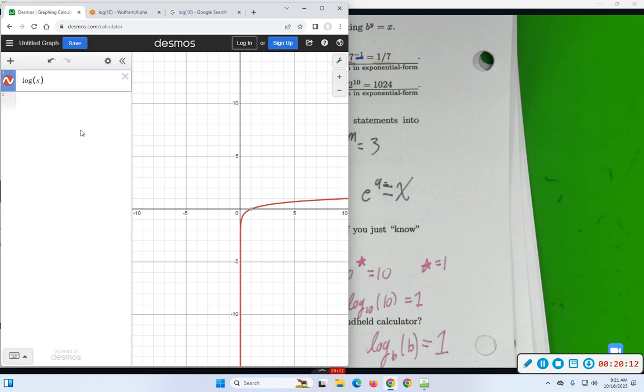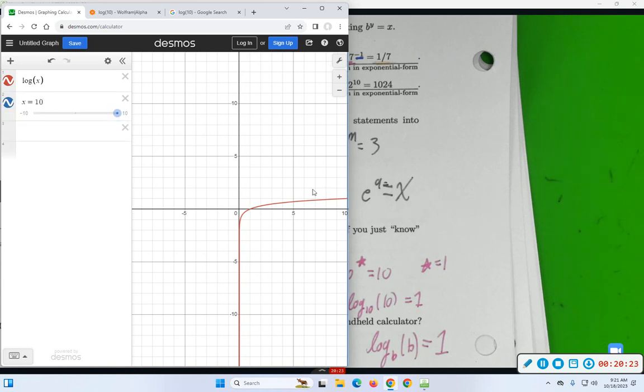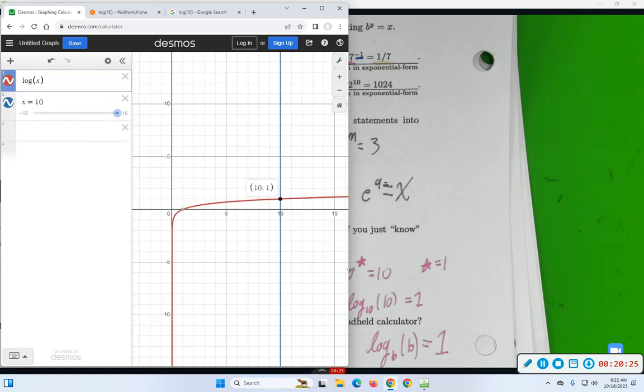Yeah, let's figure out what it looks like at x equals 10. And in order to not drag along, I'll just draw the line at x equals 10 so that it will give me the point of intersection. Does it appear to be walking base 10? Mm-hmm. Nice. Groovy.